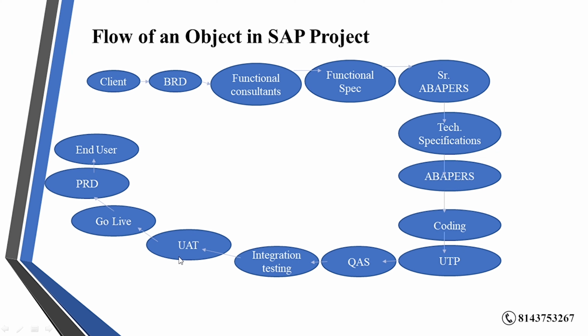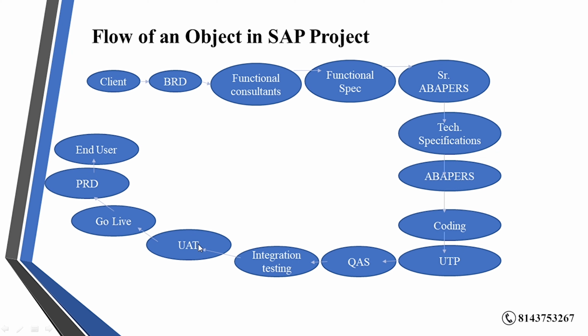After the functional consultant testing, if there is any issue, it will revert back to the ABAPers, and they need to modify it. Once all modifications are done, it will be provided to the end user so that the end user can do the user acceptance test, that is called UAT.